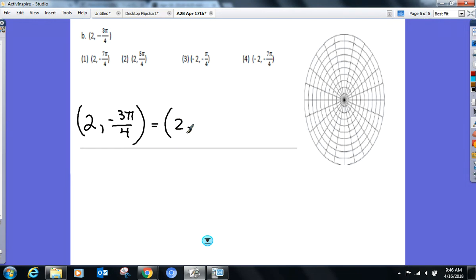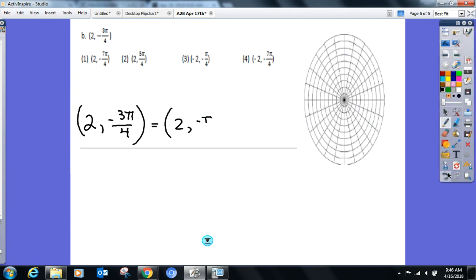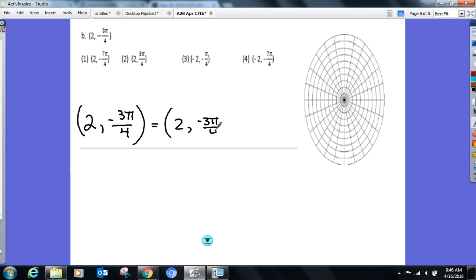You add and subtract what? 360, aka 2 pi. Now, some of us are going to struggle with this because it's 2 pi and there's a 4 in that denominator, right? So I got 3 pi over 4 plus or minus 2 pi. Okay, how the heck do I do that?